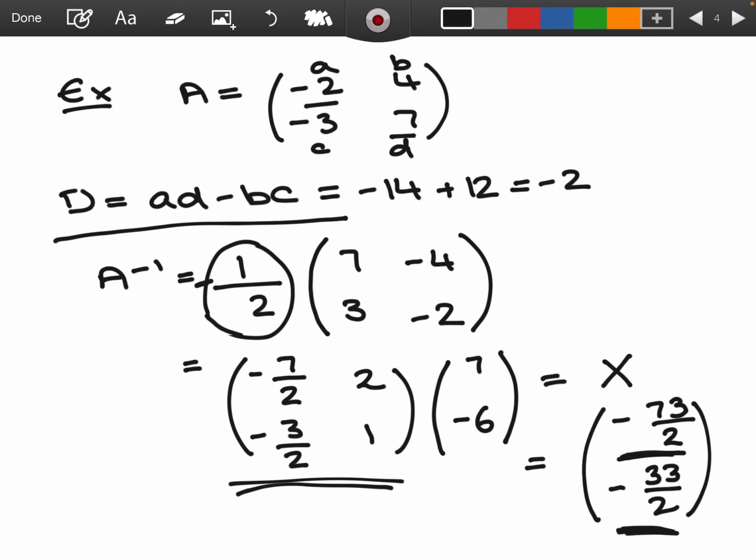I'm going to go ahead and do this now on the calculator. Obviously, and we'll look at this in the next section, you can find the inverse of a larger square matrix. So I could easily do A is equal to some 3 by 3 matrix, plug it into my calculator and find A inverse. We just cannot find A inverse this way for anything other than a 2 by 2 matrix.